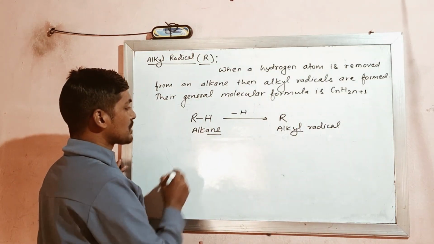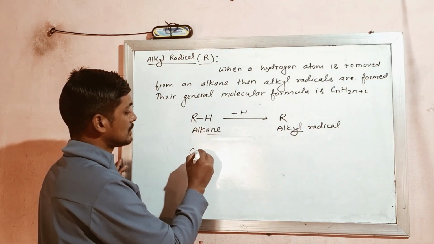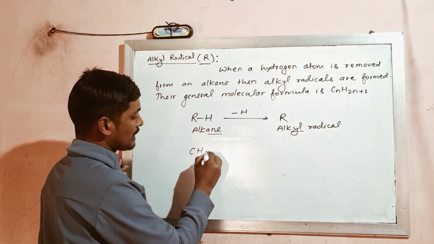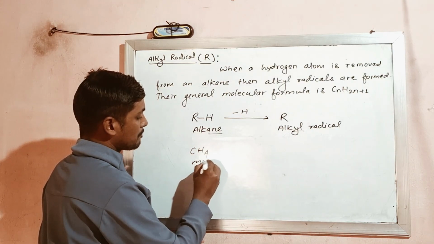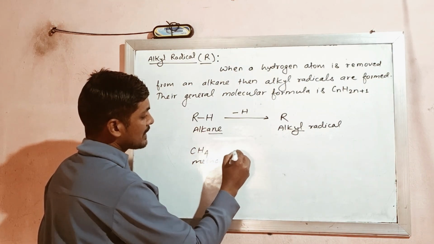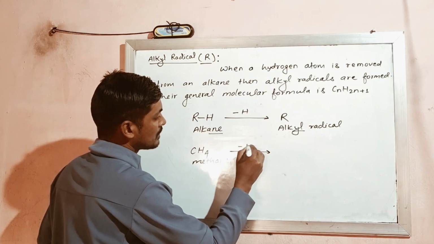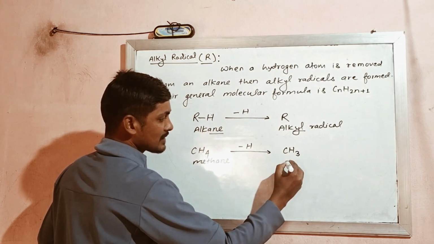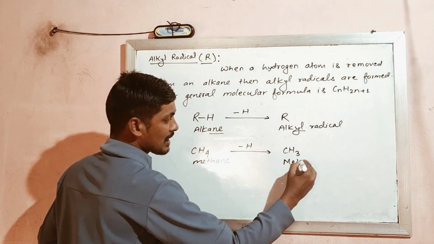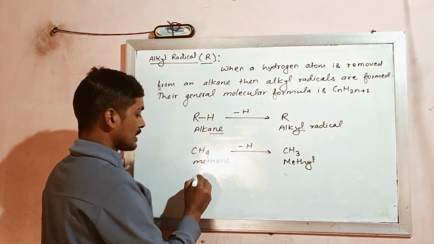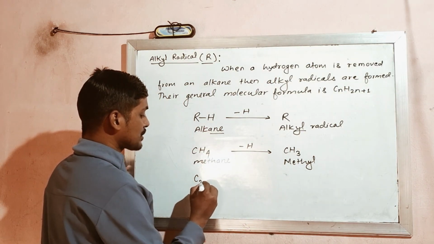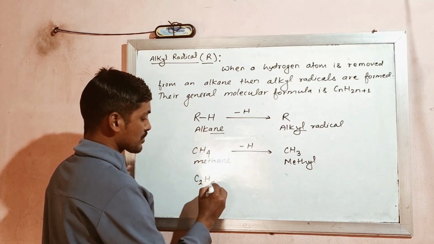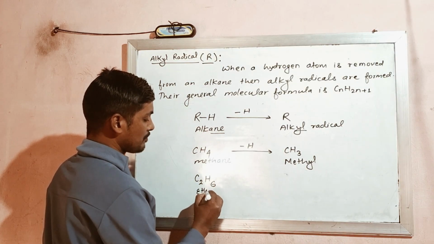Like if we talk about CH4, it is methane. From methane, if one hydrogen is removed, then what is formed here? CH3 is formed. This CH3 is called methyl. There is C2H6, that is ethane.